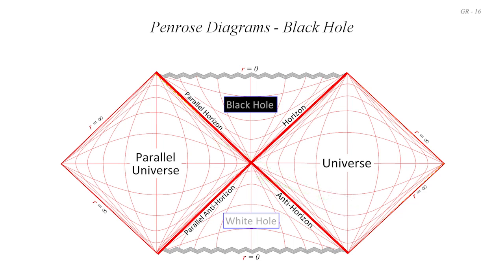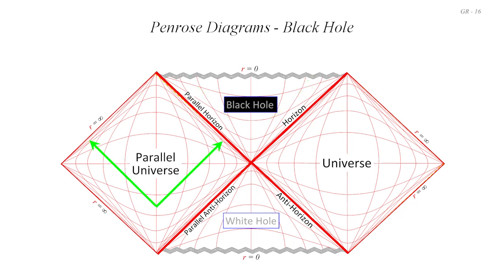It's perhaps interesting to note that light from anywhere in the universe, shown here in green, can only travel either outwards to infinity or inwards and into the black hole, and any light within the event horizon is doomed to enter the singularity. There's no way into the white hole or into the parallel universe.